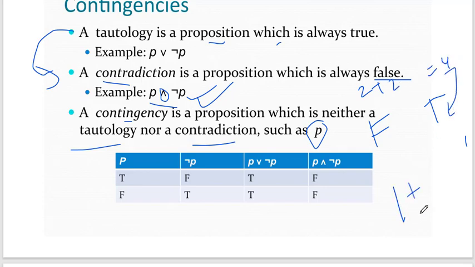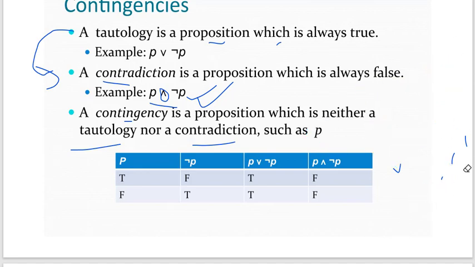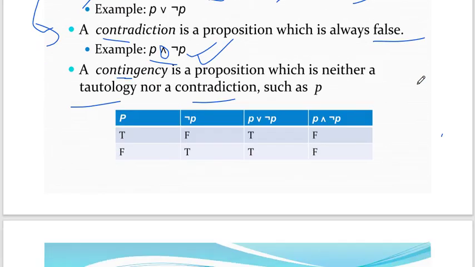If I write 1 plus 2 is equal to 4, this is also a P, but it will be false. So it's neither always true nor always false, then it will become a contingency. Tautology means always true and contradiction means always false.